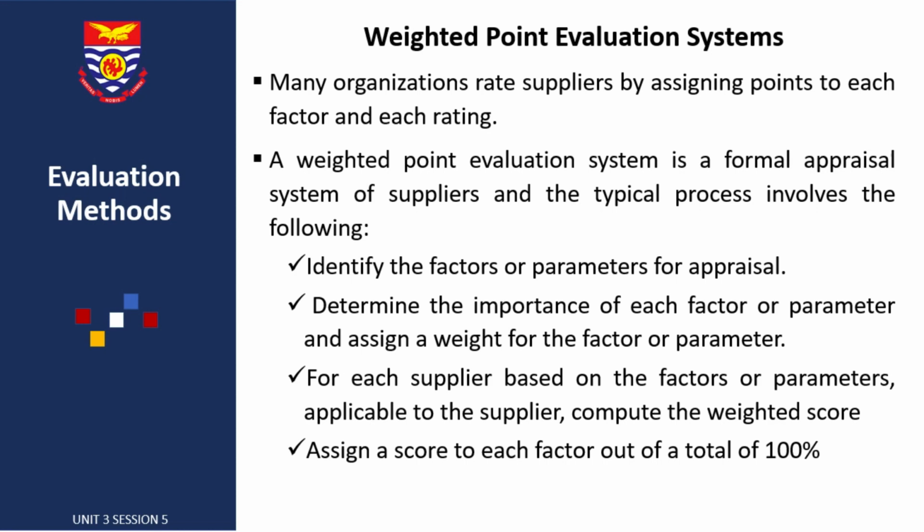Then for each supplier, based on the factors or parameters, we assign some of the parameters to the supplier, and then we assign a score to each factor, out of a total of 100. Whoever among the potential suppliers performs better becomes the supplier of the organization.